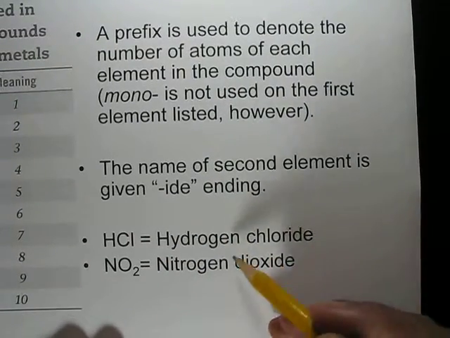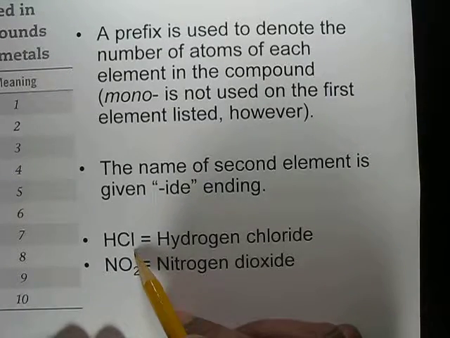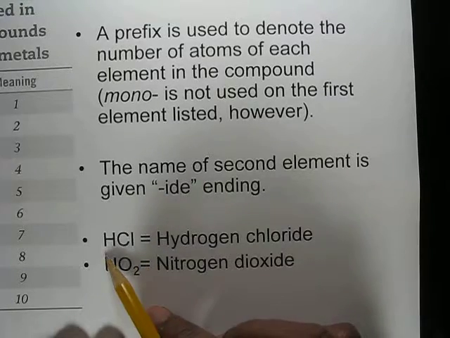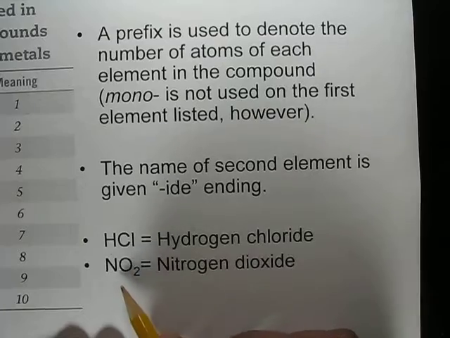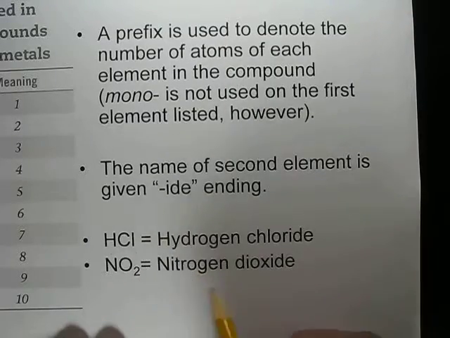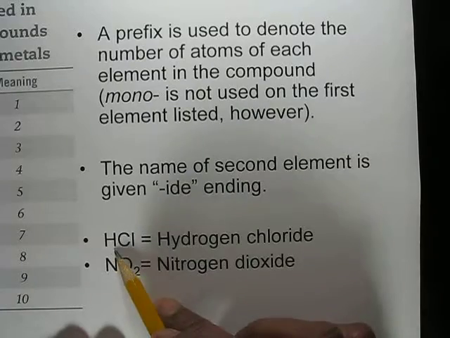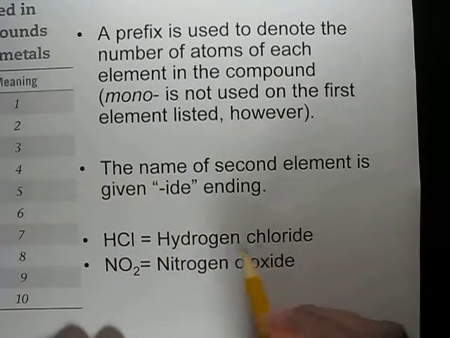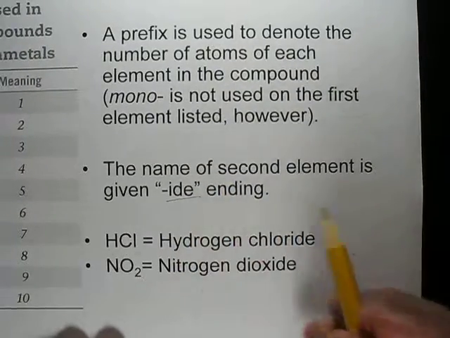So let's see how we name. For example, HCl, which is hydrogen and chlorine, is a gas or acid, and NO2, nitrogen dioxide. We name the first element hydrogen and the second element chloride, so we use ide as a suffix.